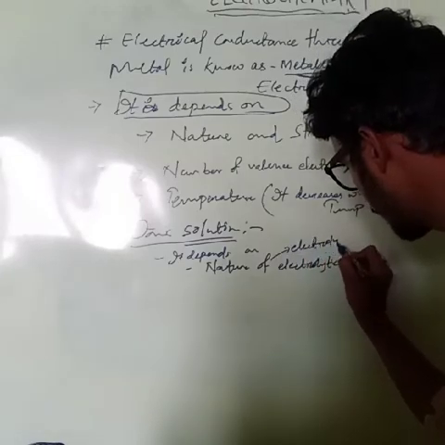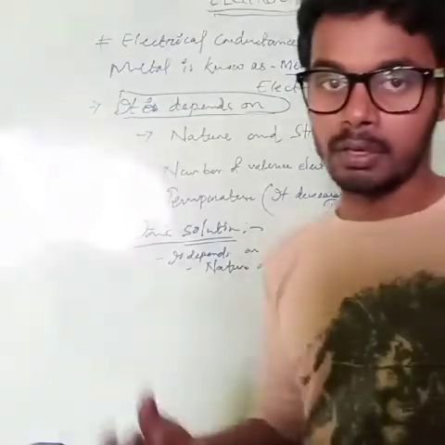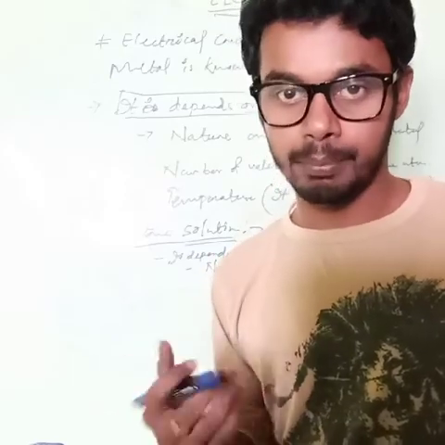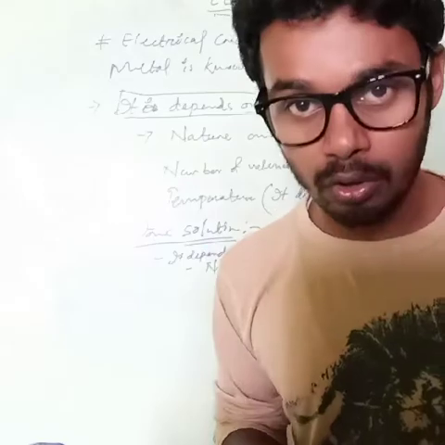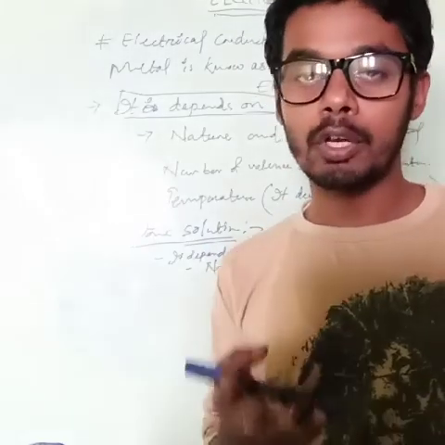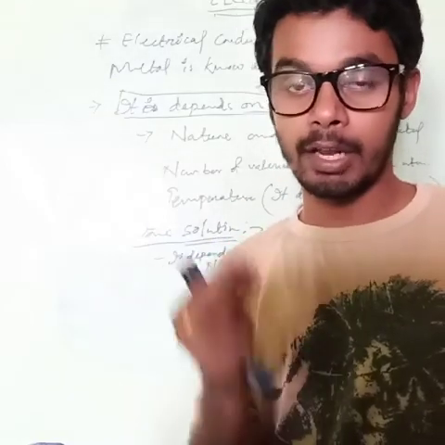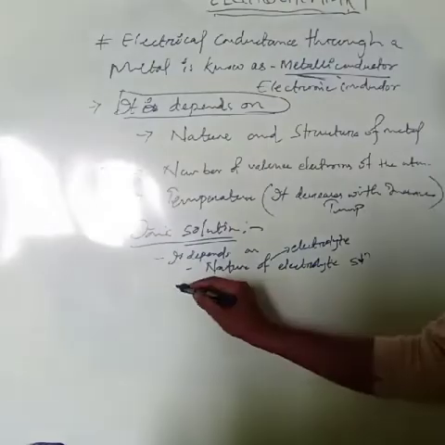What type of electrolyte have you taken, whether strong electrolyte or weak electrolyte, whether positive or negative ions are there or not, whether it is an electrolyte or not. What type of electrolyte you have taken in your electrolytic solution will conduct the electricity. So this is the first point.